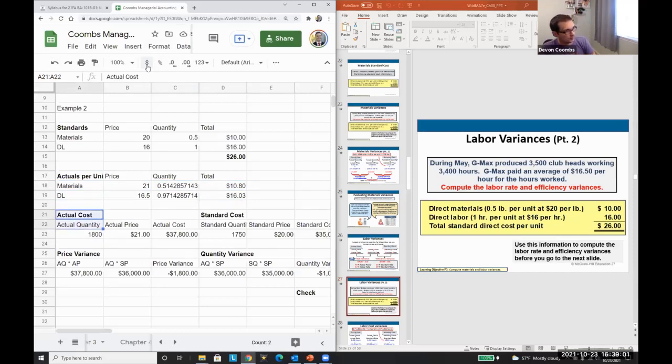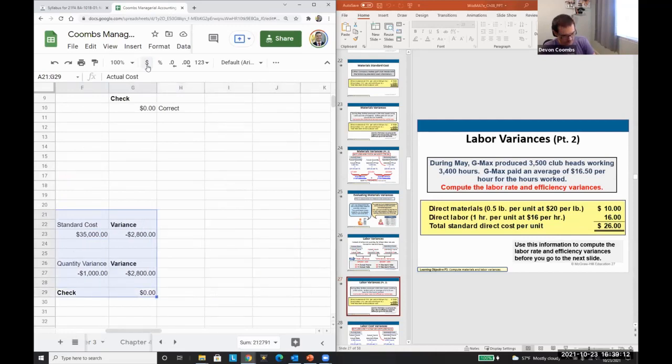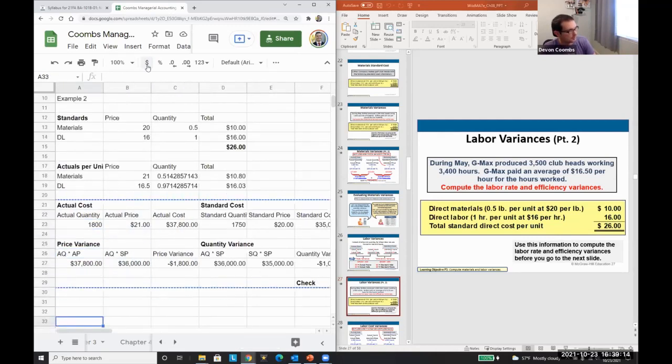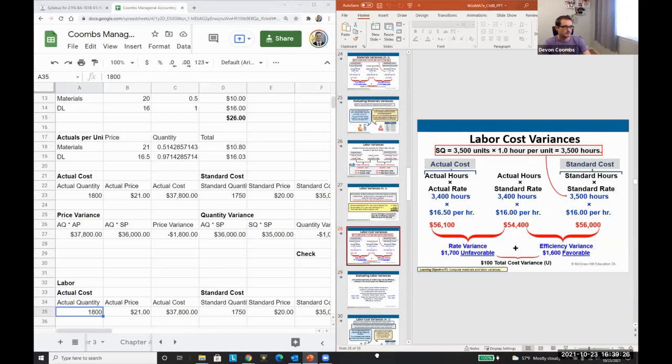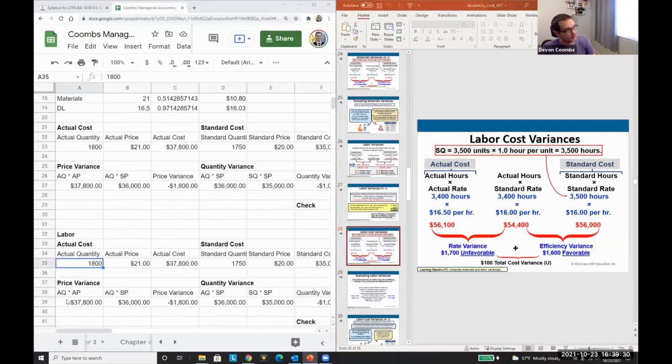So then we can just do this all over again for labor. So actual quantity. We'll figure this out here. Actual cost. We take our actual times our actual, right?